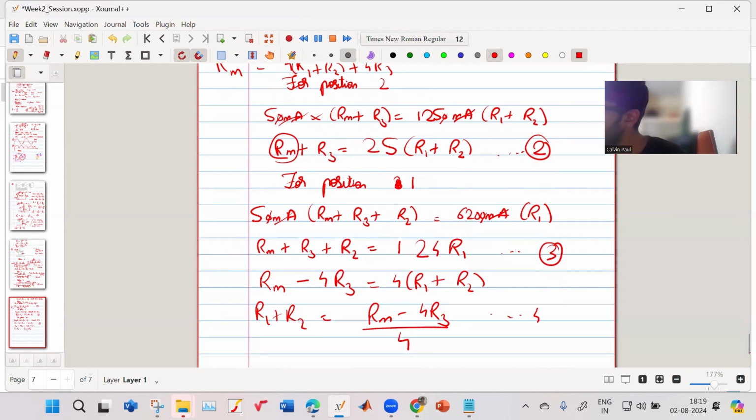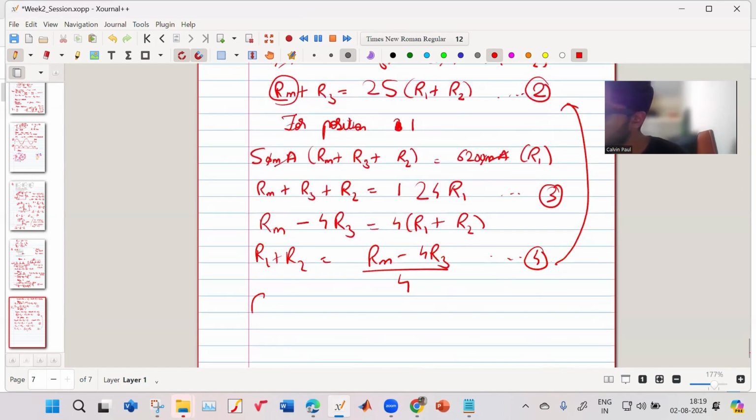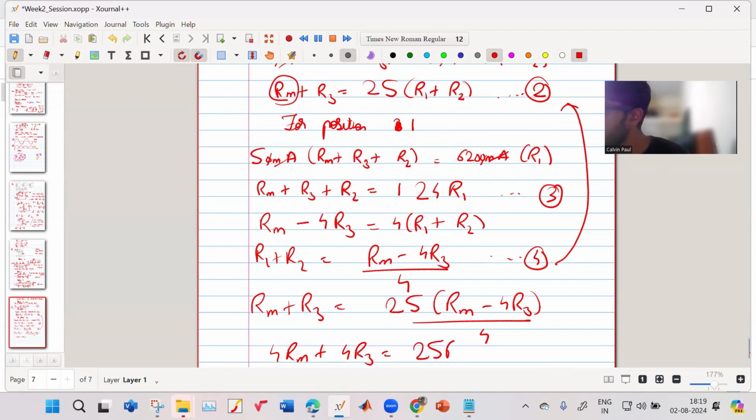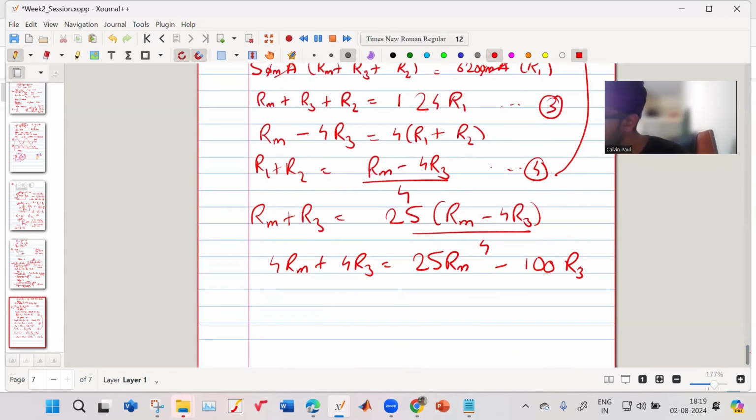I will substitute this equation 4 in equation 2. So what I will get is Rm plus R3 is equal to 25 into Rm minus 4R3 divided by 4. So that is 4Rm plus 4R3 is equal to 25Rm minus 100R3. So that would be 104 R3 is equal to 21 Rm.